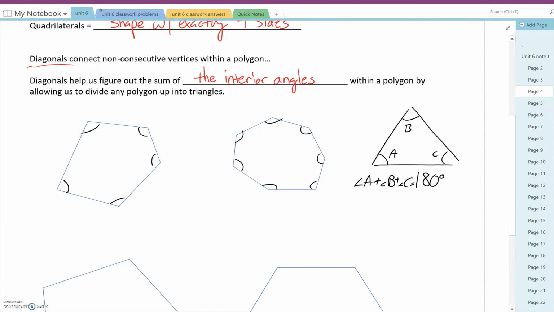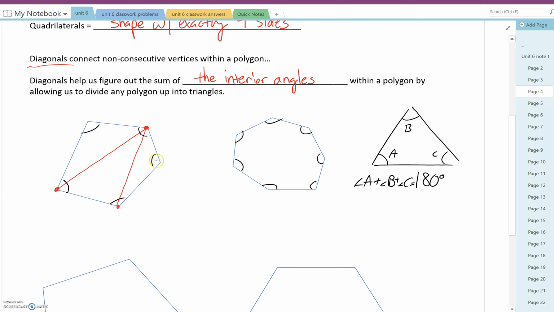One way to do that is with diagonals. A diagonal is just a line that goes from one vertex to a non-consecutive vertex, in other words, a vertex that's not on either side of it. So there's one diagonal I can draw, and the other one I can draw would be like this. The reason we do that is because now we've broken up this 5-sided shape into 3 triangles.